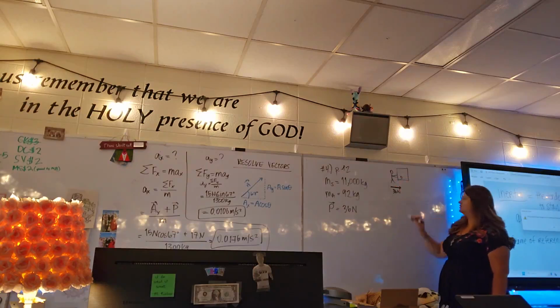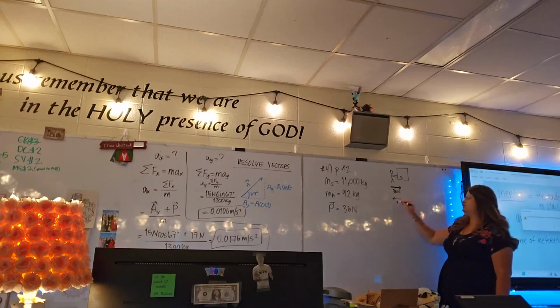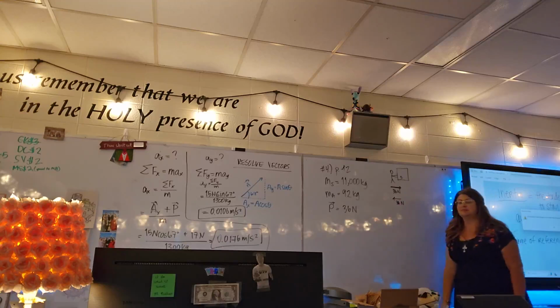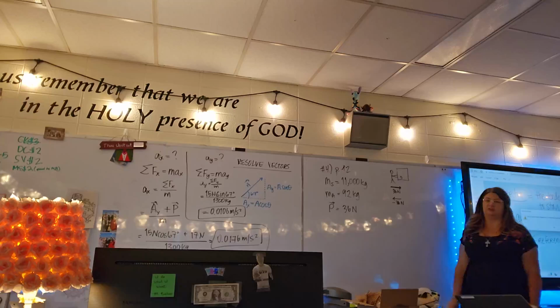What's the force of the spaceship on the astronaut? Remember that for every action there's an equal and opposite reaction, so it's 36 newtons, but in the other direction. So equal magnitude, opposite direction.